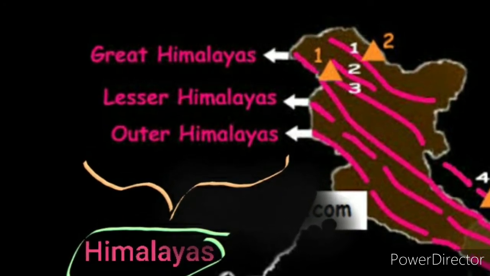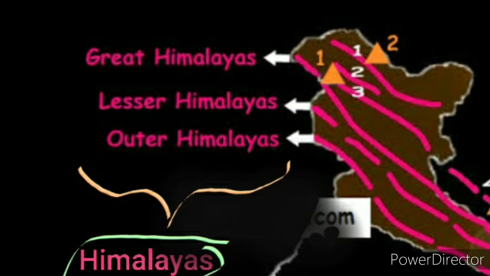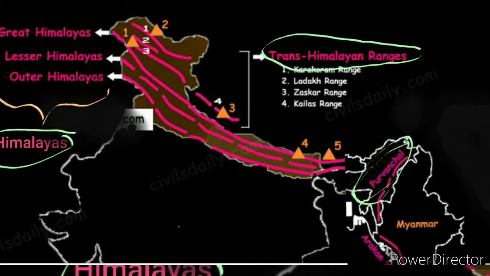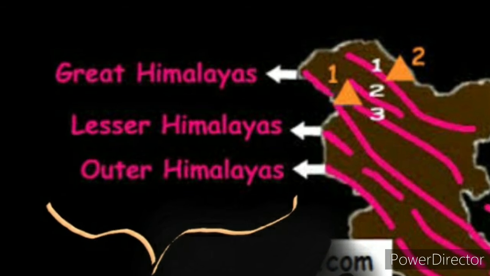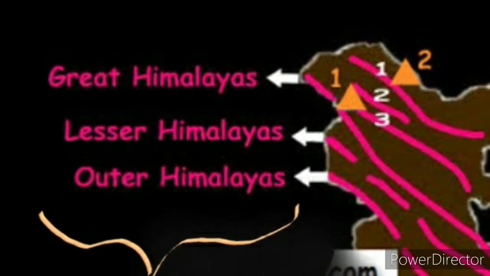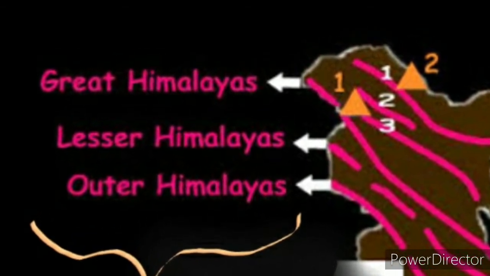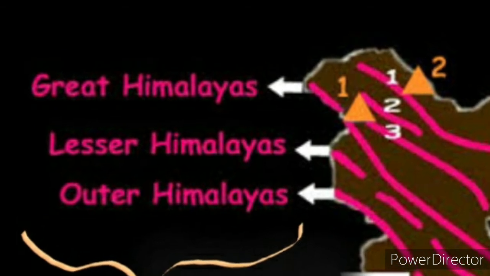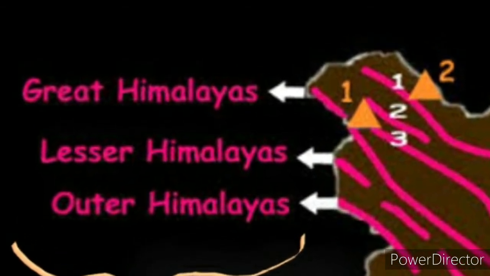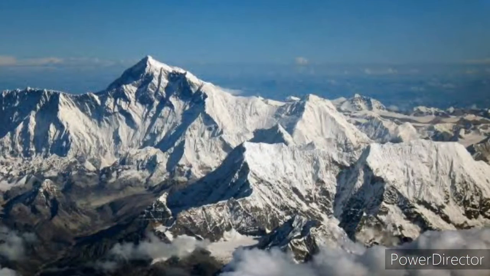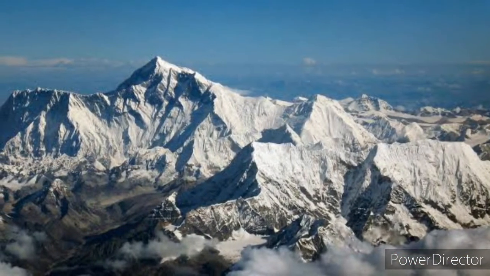Already I told you that the Himalayan mountain is divided into three parts: the Trans-Himalayas, Himalayas and Eastern Hills, isn't it? The Himalayas, the second part, are subdivided into Greater Himalayas, Lesser Himalayas and the Shivaliks. The Himalayas are home to several high peaks.